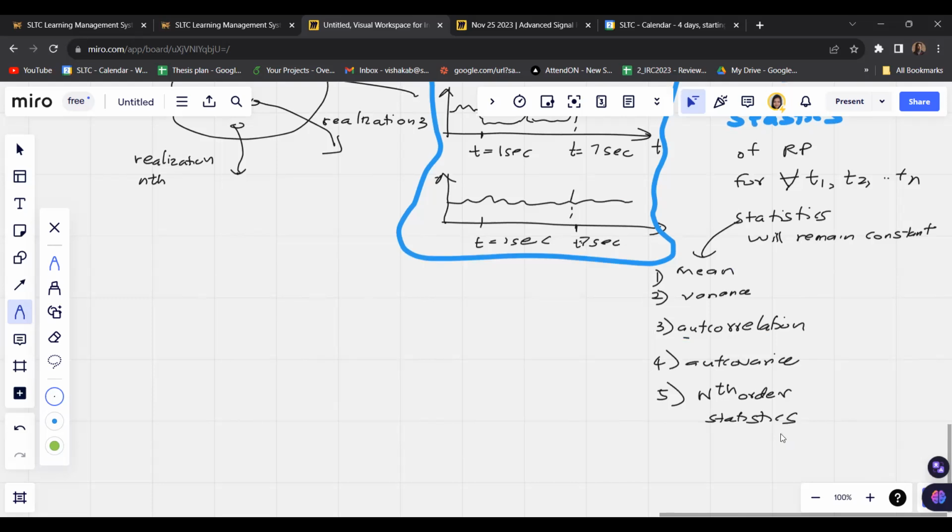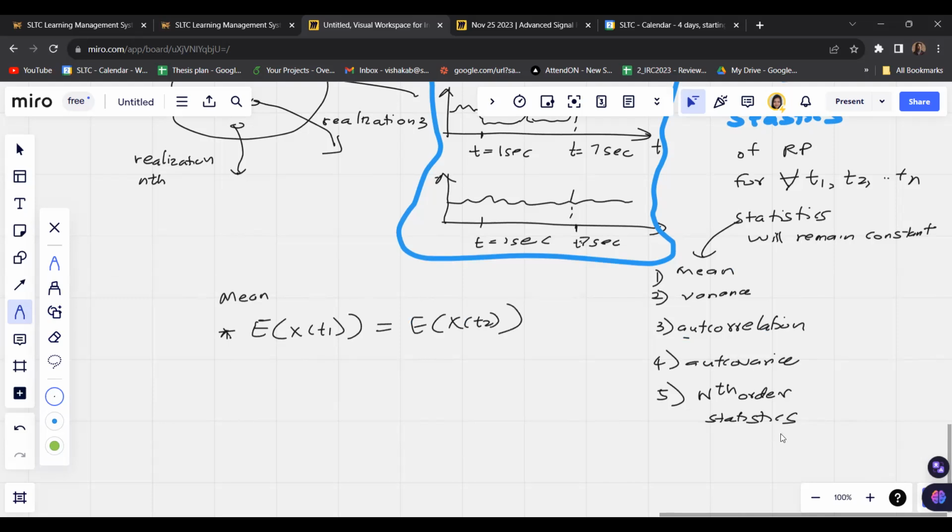So if you are going to mathematically represent the conditions or the characteristics of a strict sense stationary process, the expectation value or the mean value of the random variable X(t1) is going to be equal to that of X(t2).